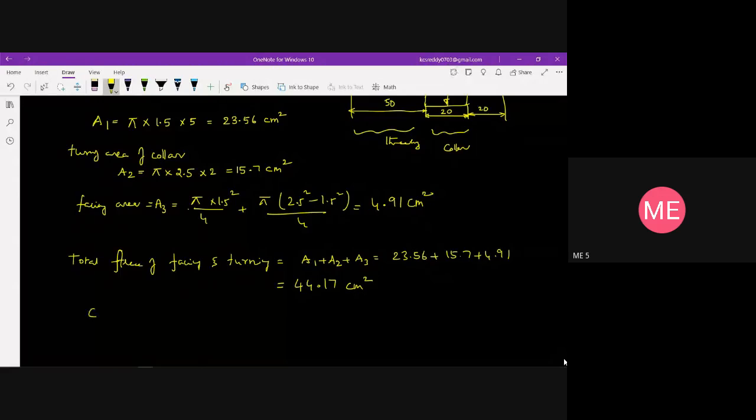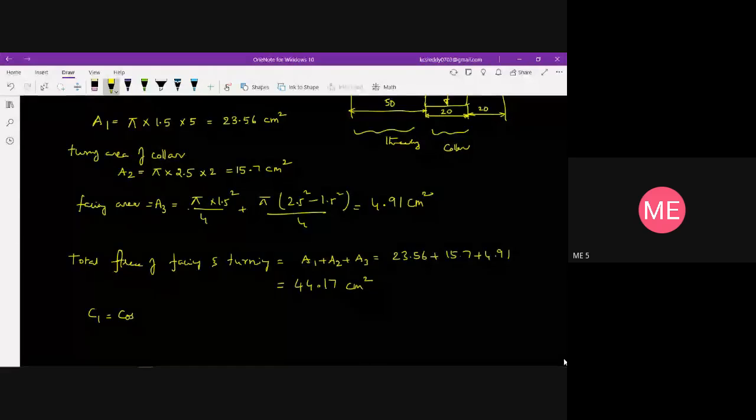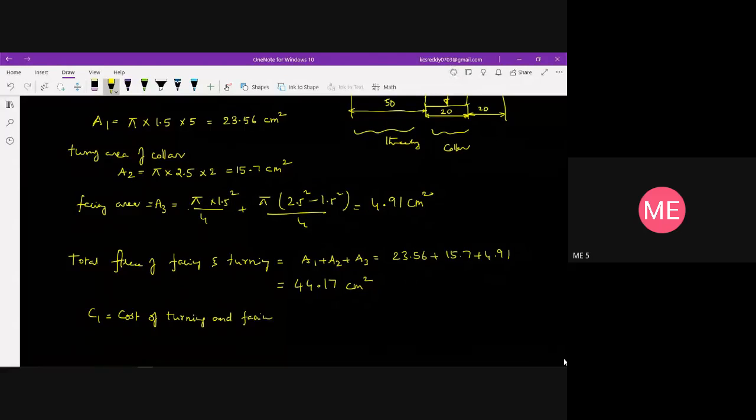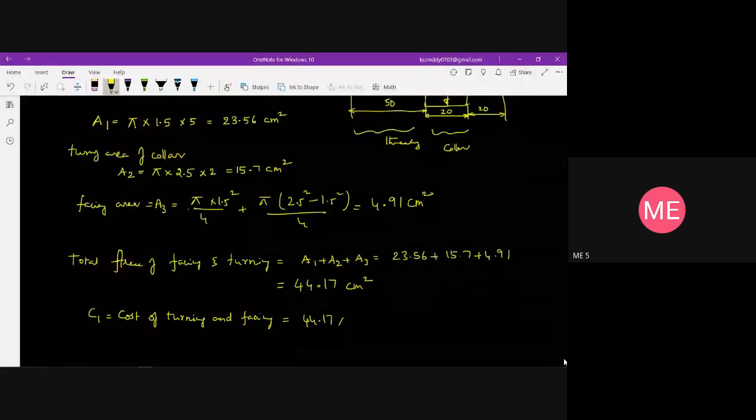So then what is the cost? I'll take it as C1, the cost of doing these operations, that is turning and facing. So the cost of turning and facing is equal to 44.17 into 20 into 20.